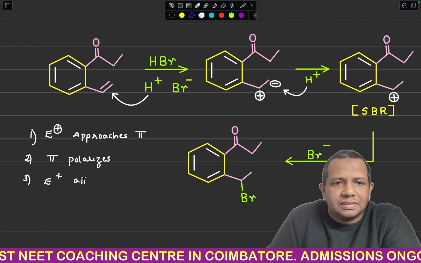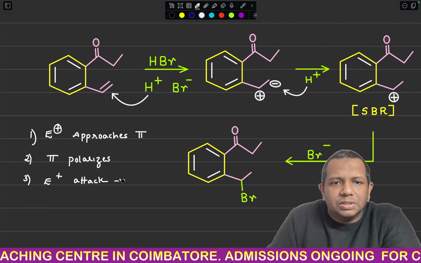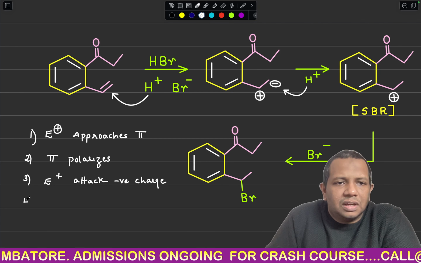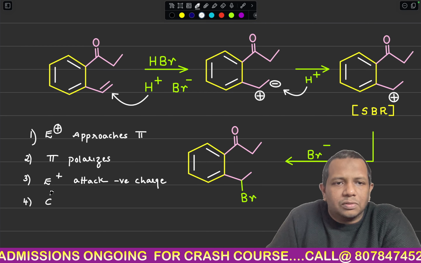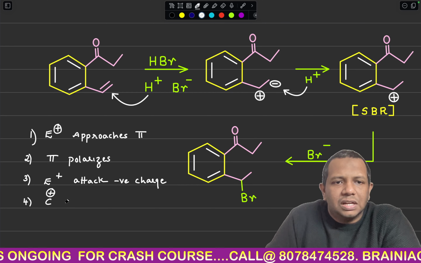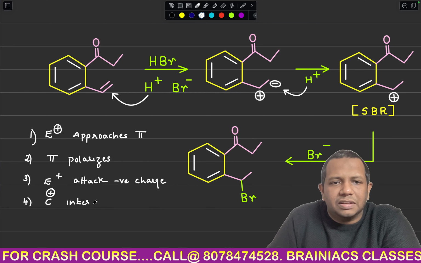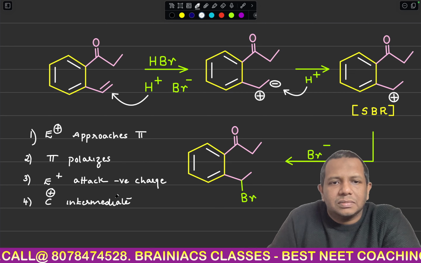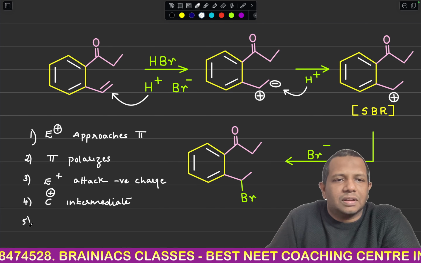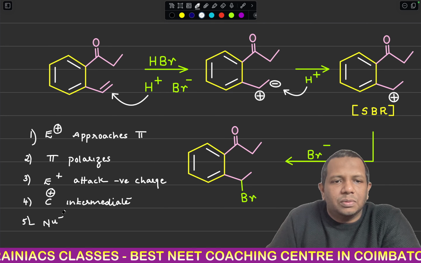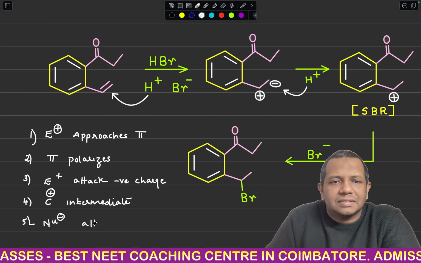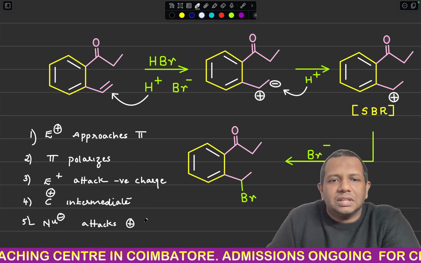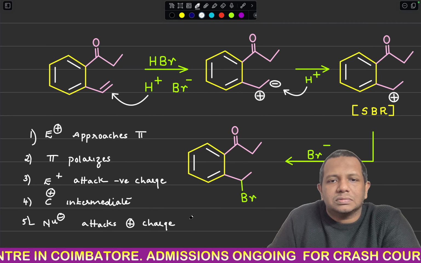Electrophile attacks whom? The negative charge. What are you getting? You are getting a carbocation. So C plus means carbon with a positive charge: the carbocation intermediate. Clear? Next step, what will happen, sir? The nucleophile present there attacks the positive charge in the carbocation.